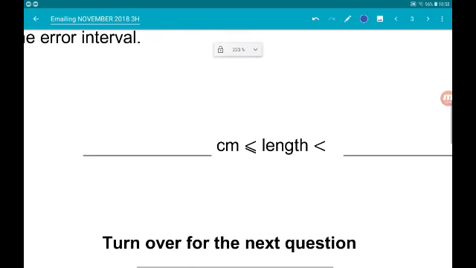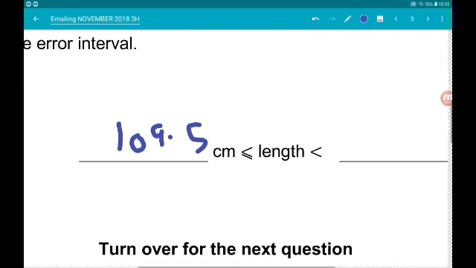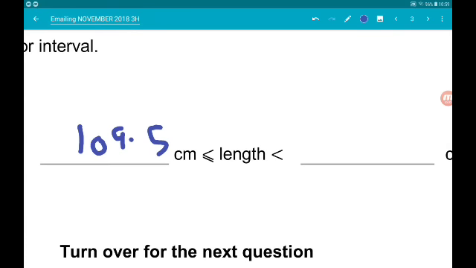So the lower bound is the smallest number here that would round up to 110 to the nearest whole number. So that's 109.5. Now the upper bound, we use the smallest number that wouldn't round down. So that's 110.5. Boom.